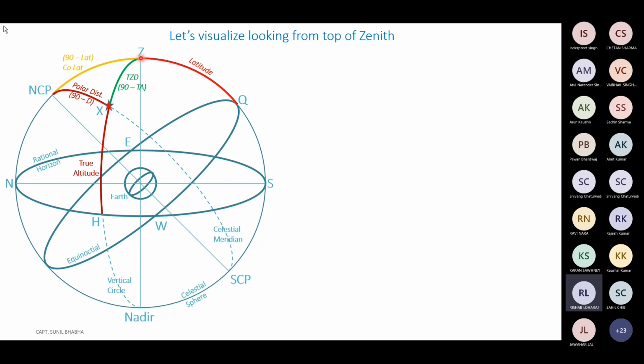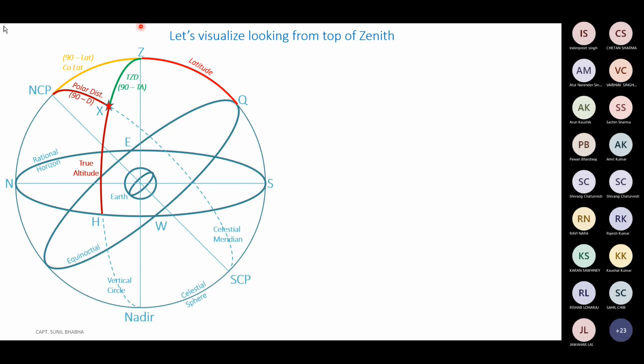Now, we don't stop at the zenith. We take the rocket still further upwards. Now, let's assume that the rocket has reached up to here. So once we have reached up to here, now we look down below towards the celestial sphere. So we are outside the celestial sphere now, and we are on top of the zenith.